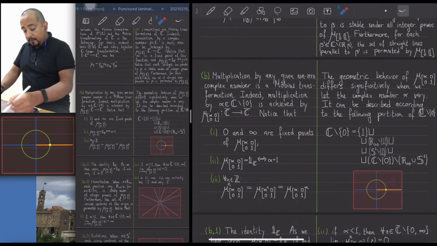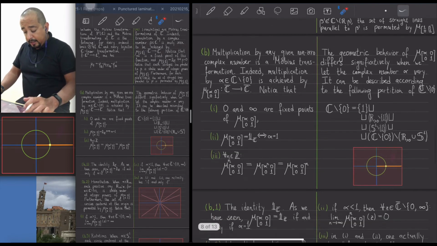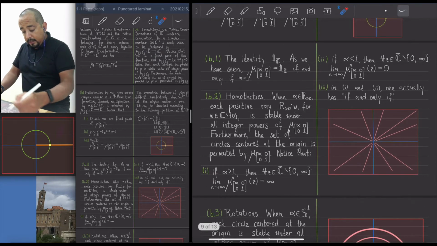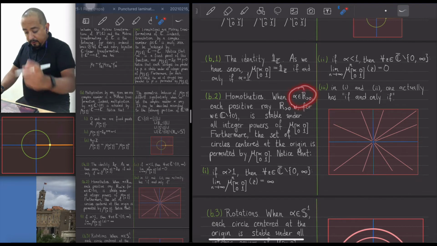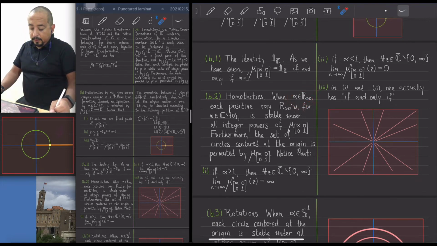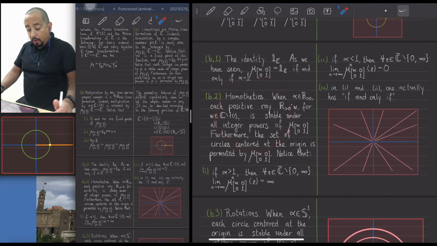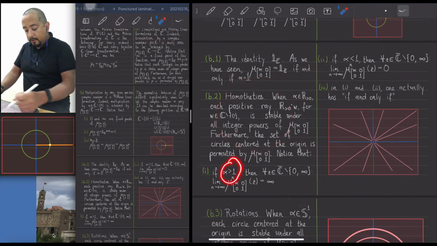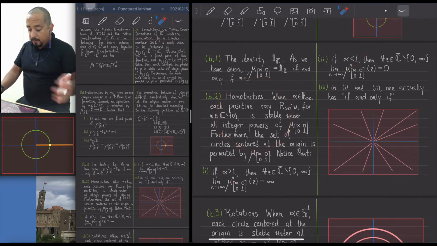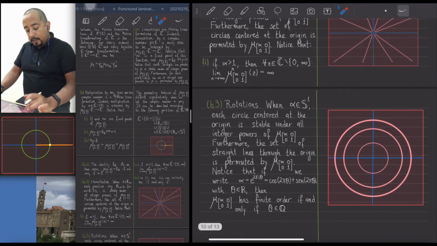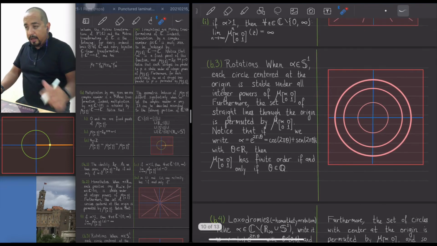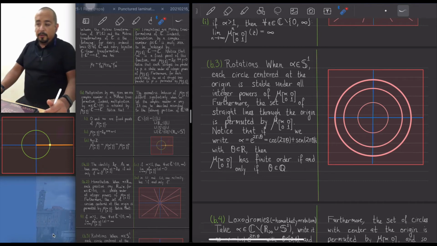Something similar holds in the case of multiplying by a positive real number different from 1. There's also no coming back. So they also have infinite order always, regardless of whether alpha is greater than 1 or less than 1. But here some of them have finite order and some of them not.